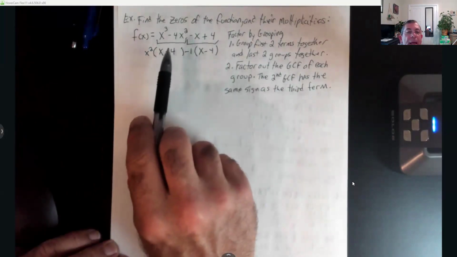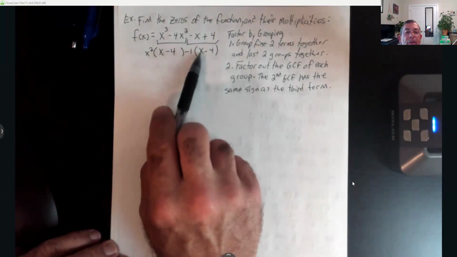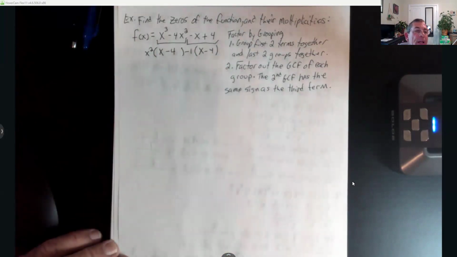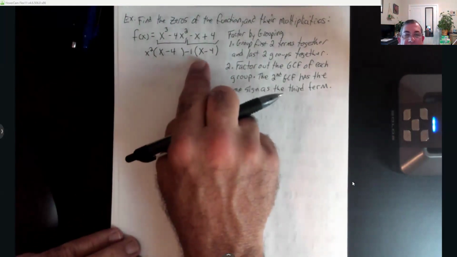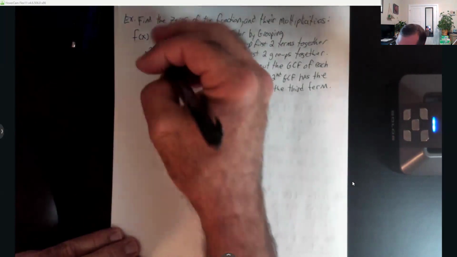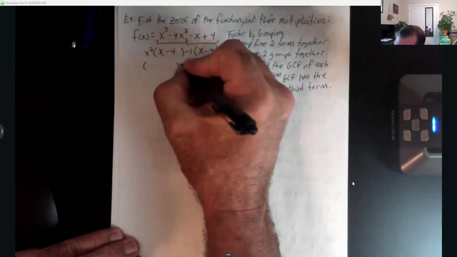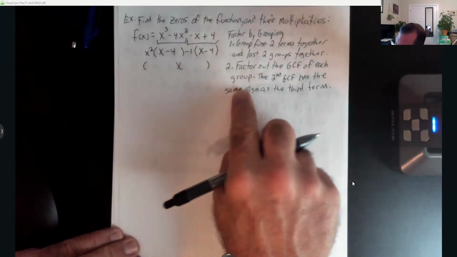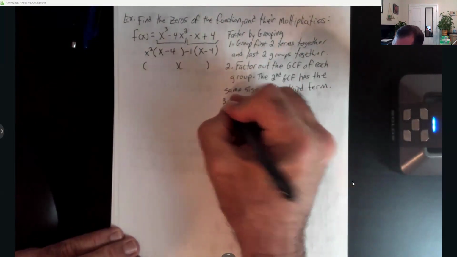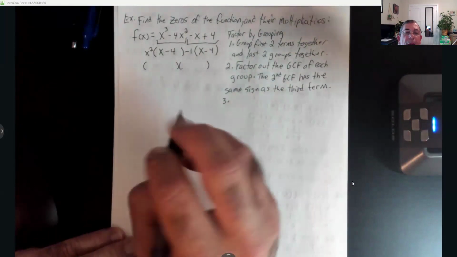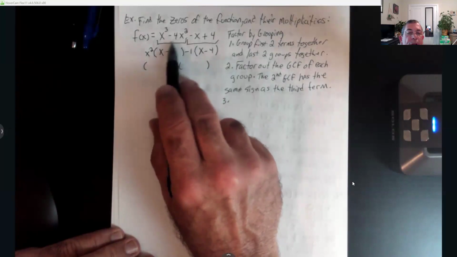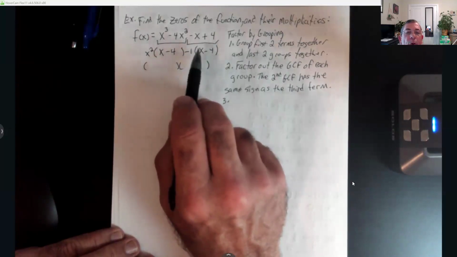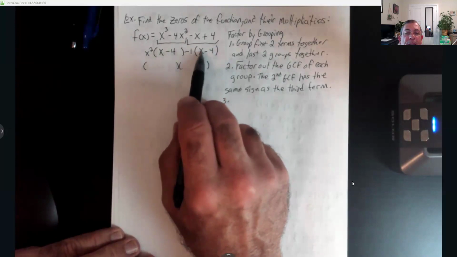So y'all look at this. At this point, these parentheses have got to be equal. So the last step is putting these in their own 2 sets of parentheses. So here we factored out the GCF. Then, check this out. You got 2 terms here. You got the x squared times x minus 4. You got the -1 times x minus 4.